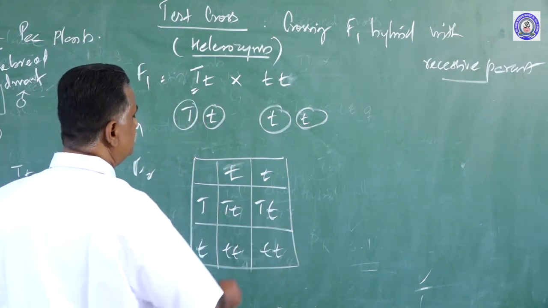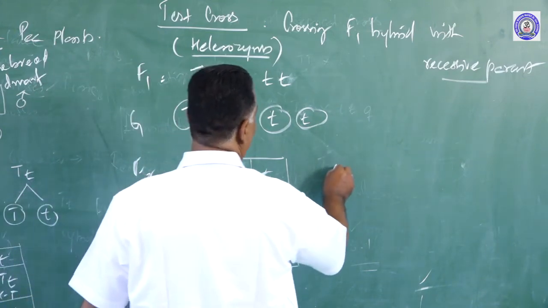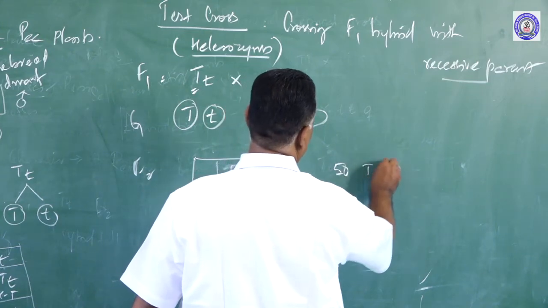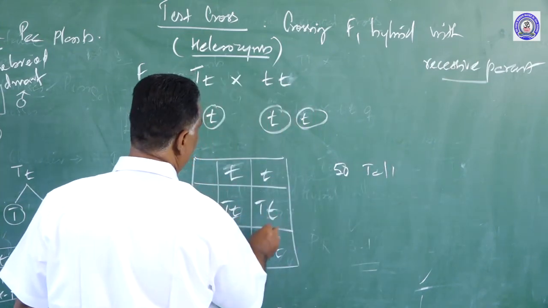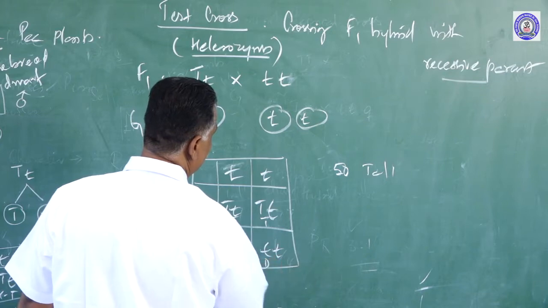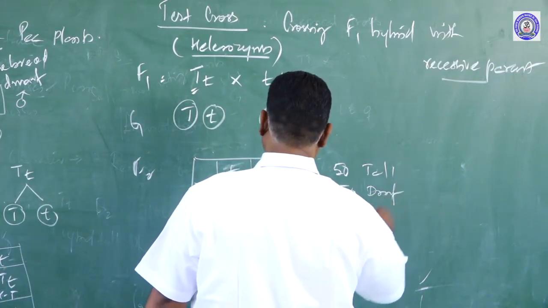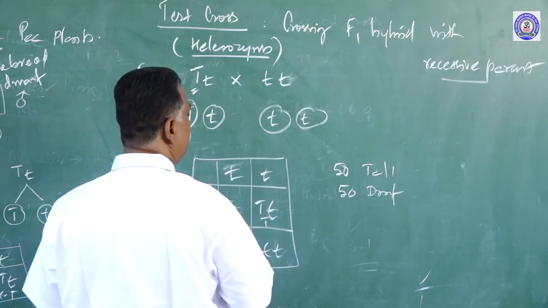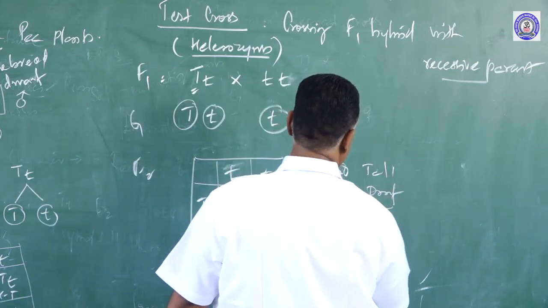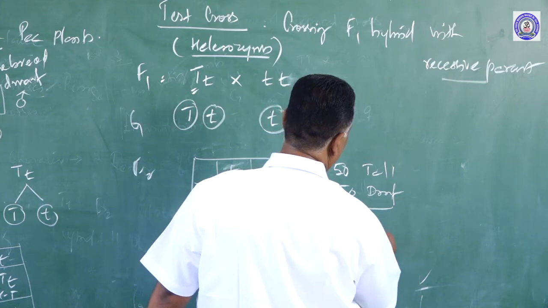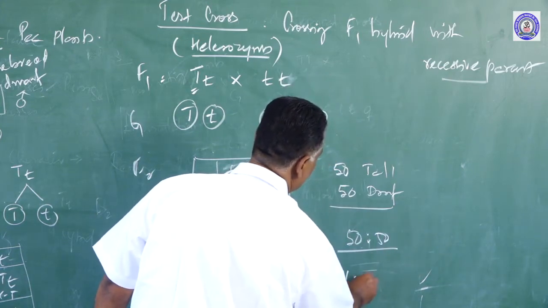So, what is the result? Here 50% tall, this is tall, this is tall, this is dwarf, this is dwarf, and 50% of the plants were dwarf. Phenotypically 50:50, this can be written as 1:1.